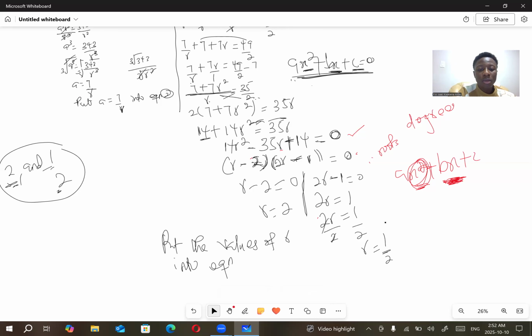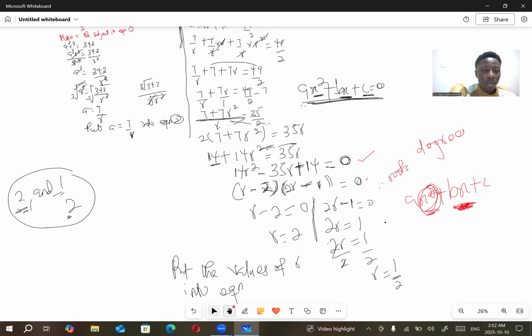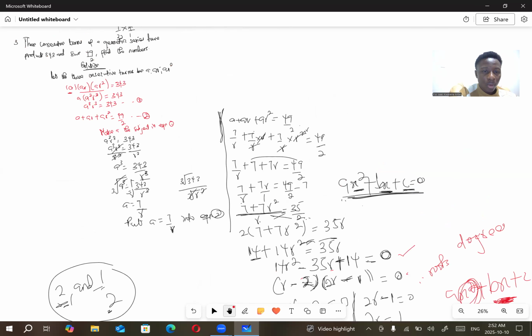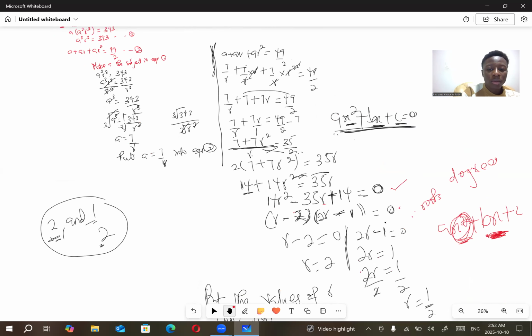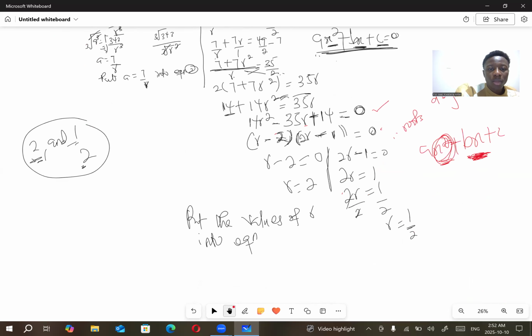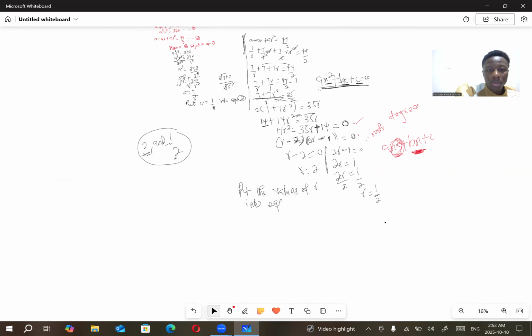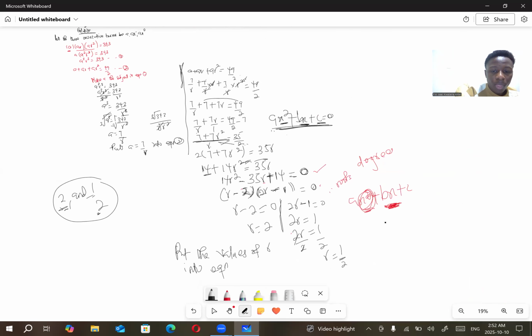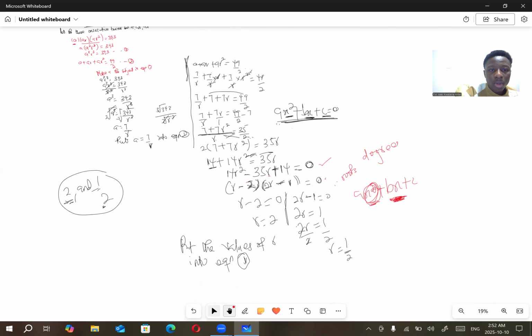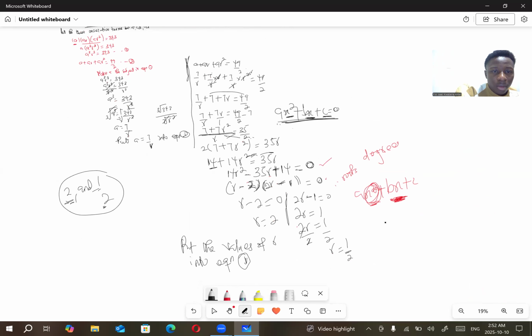Which of the equation will be easier? Into equation 1. Now, equation 1 is A cube R cube equals 343.